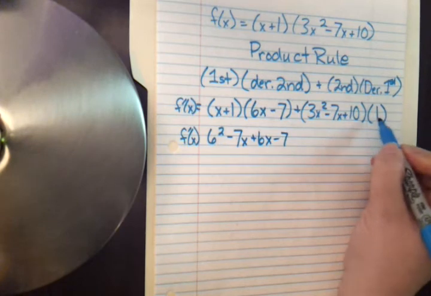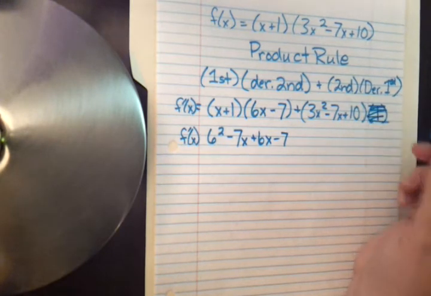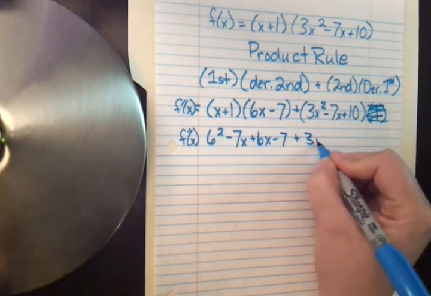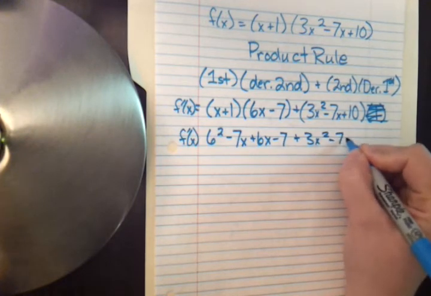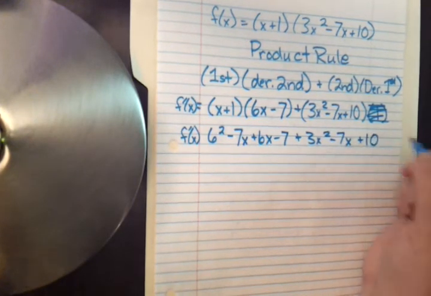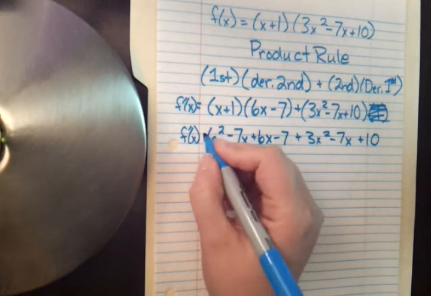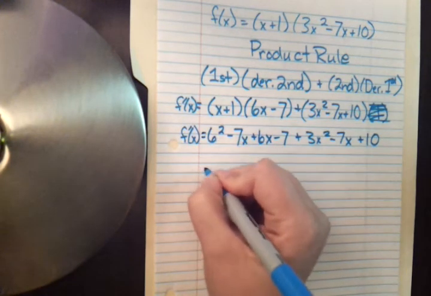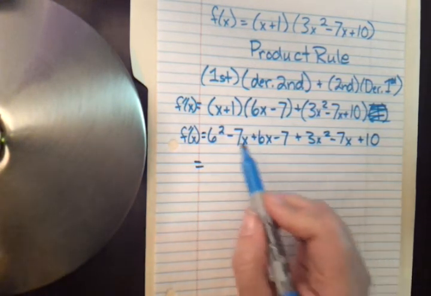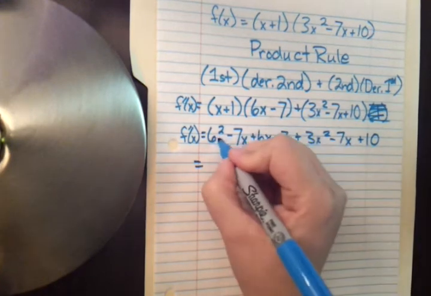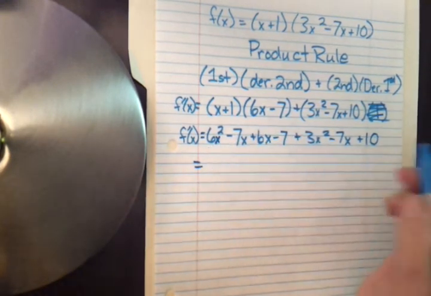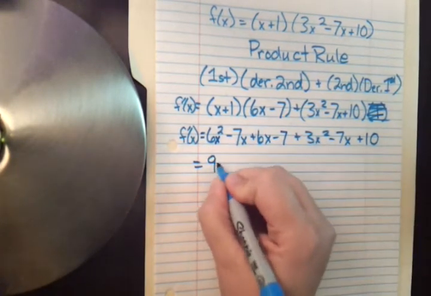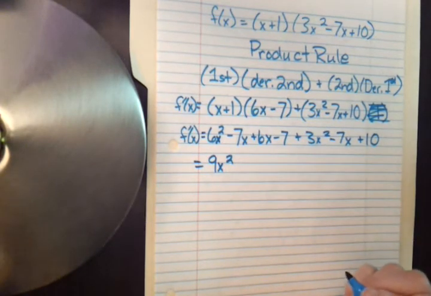If I multiply these two together, that 1 just kind of comes out in the wash. So now it's plus 3x squared minus 7x plus 10, and that equals, let's see, we've got a 6x squared plus 3x squared is 9x squared.